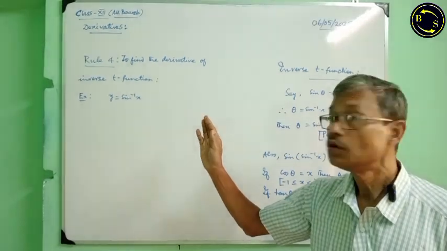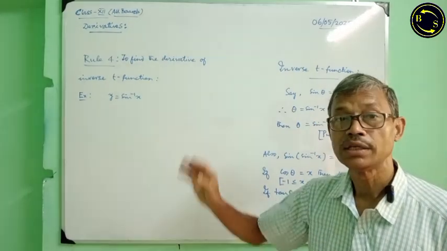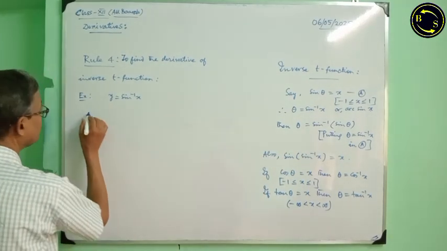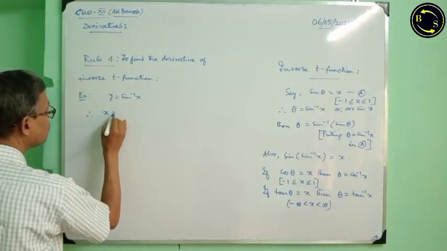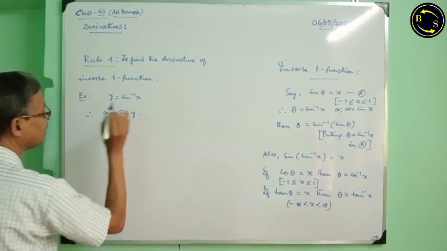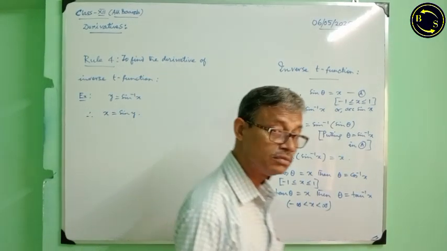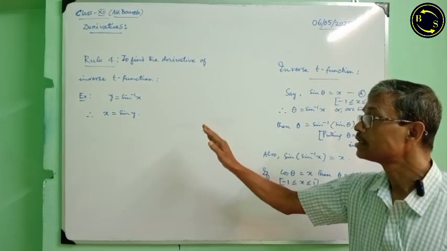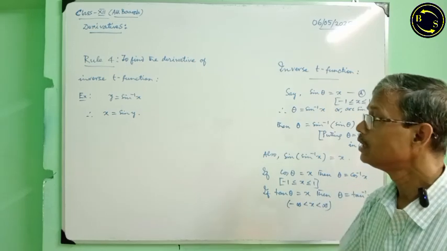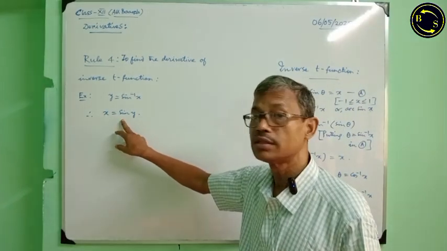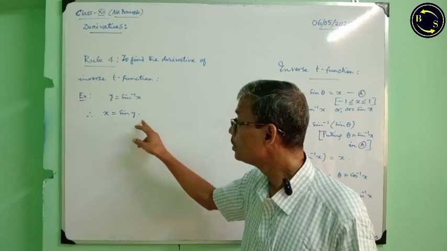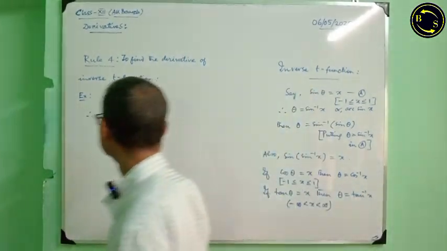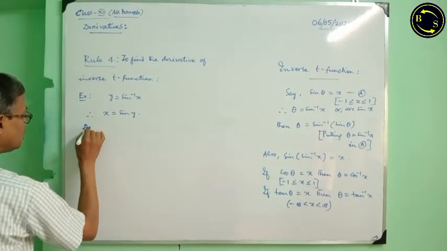First I take sine inverse x is equal to y. From that, applying this idea, therefore x is equal to sine y. Using the basic idea, we can express x in terms of y, that is the definition actually. Now, we differentiate this one with respect to y.